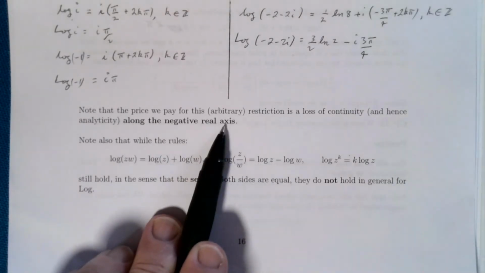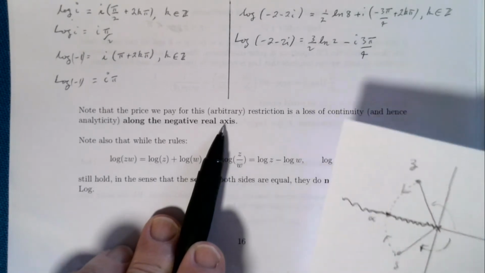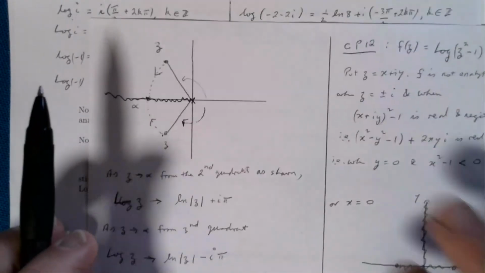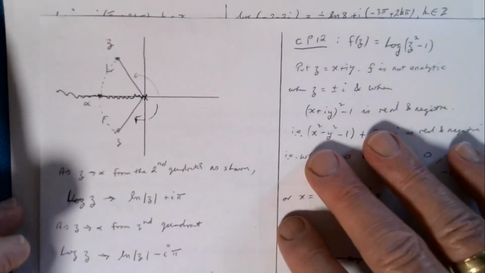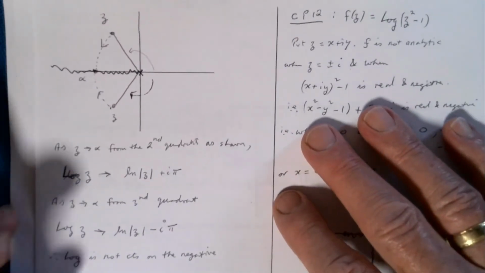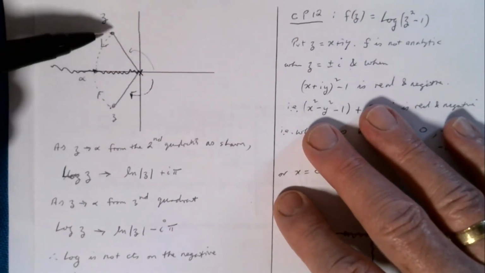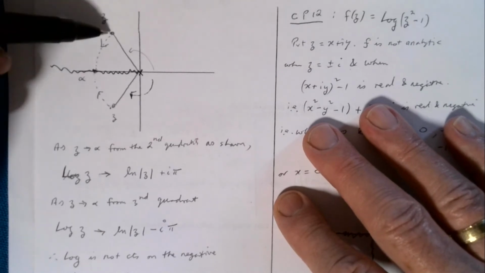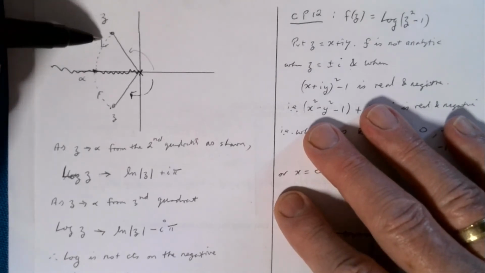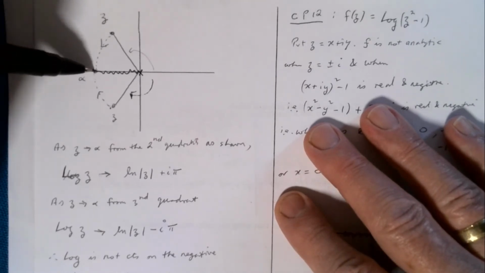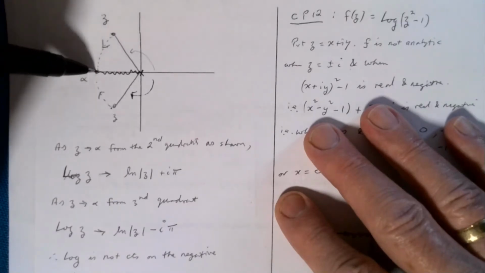And just to give a quick hand-waving explanation of why this is so, if we take a complex number z up here in the second quadrant, and I'm going to imagine taking a limit as this z goes towards some number alpha here on the negative real axis.